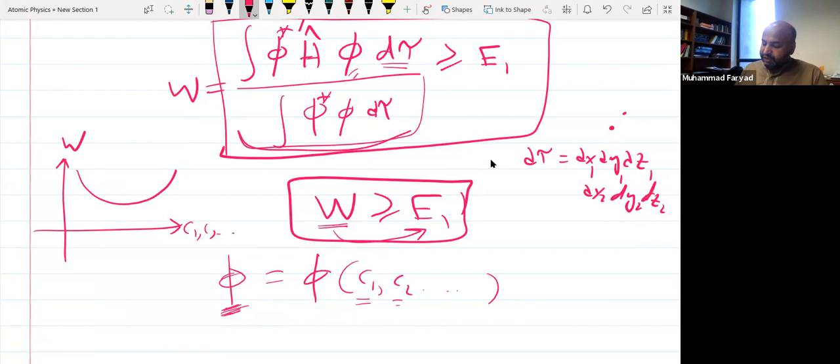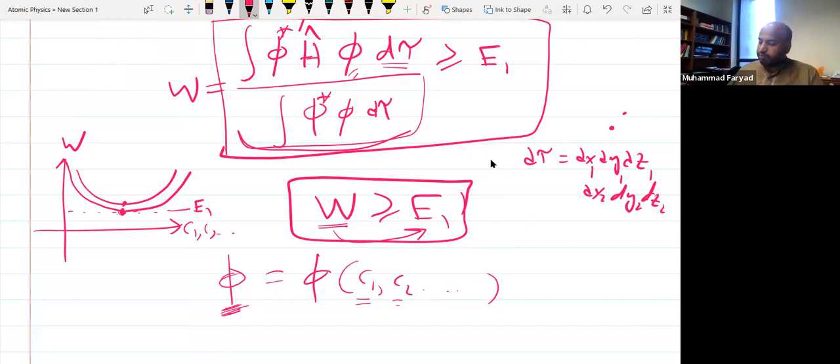So in general, when I vary these parameters, this W will vary, and maybe my ground state is somewhere here with energy E1. So at this point where this function is minimum, this is closest to the true ground state energy. And sometimes, if we are lucky, we can also get a W which just touches this E1. In that case, wherever this function is minimum, this is just equal to the ground state energy.